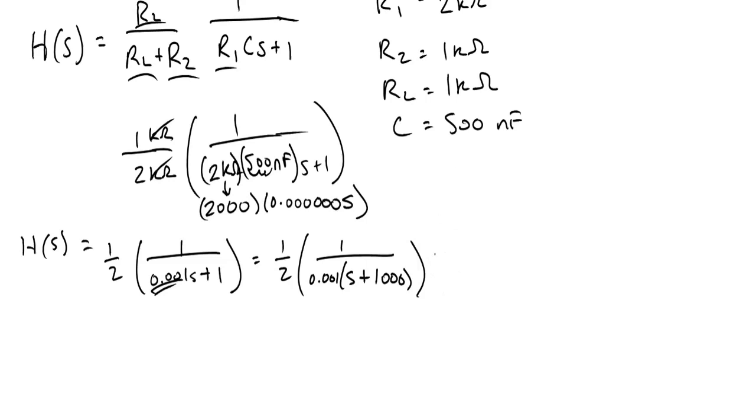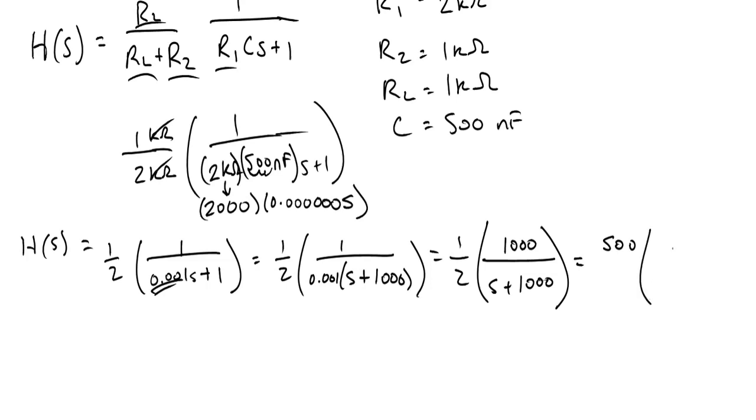Then that's going to equal 1/2 times 1,000 over S plus 1,000. So combining 1,000 over 2 is going to give us 500 times 1 over S plus 1,000. That's a good answer right here. That's about as good as it gets.